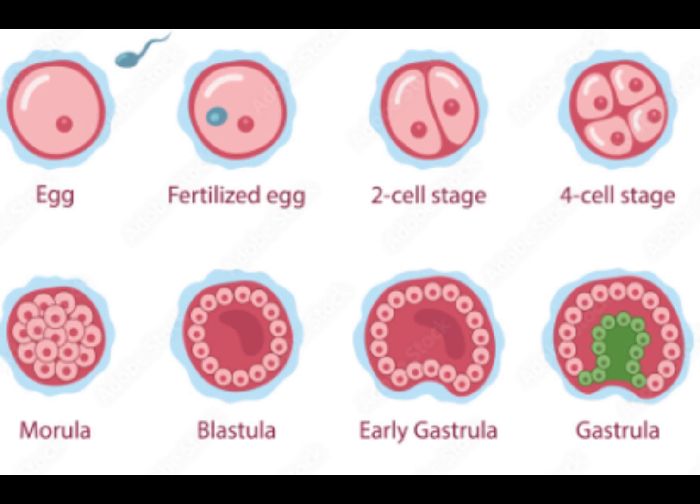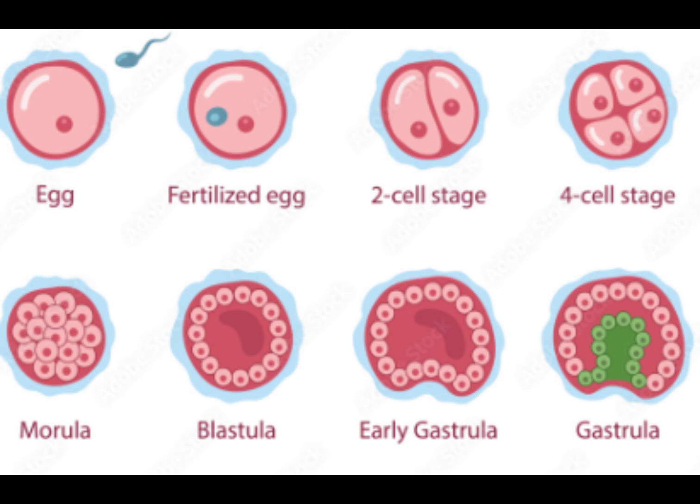Think of these follicles as small containers for each immature egg. Out of this group of eggs, one will become mature and continue through the cycle.